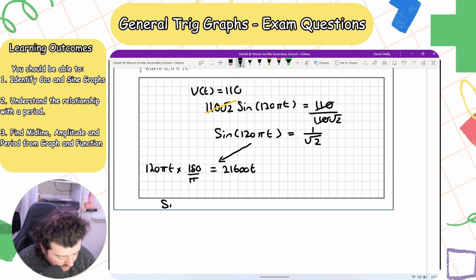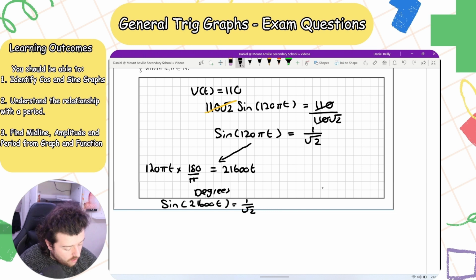So you could have sine 21600 t is equal to 1 over root 2. And now we're dealing with degrees. You should still get the same answer for t, or we can just stick with radians.